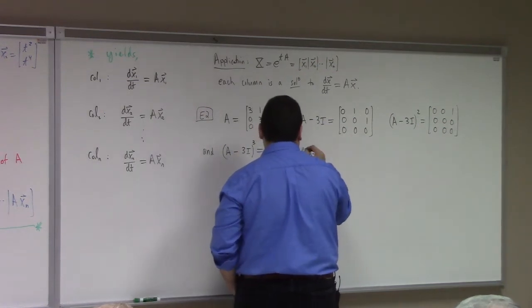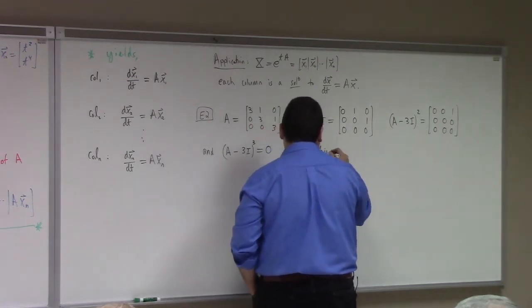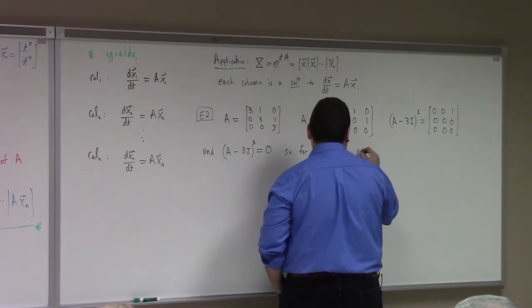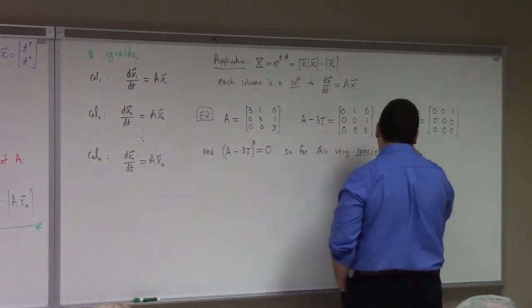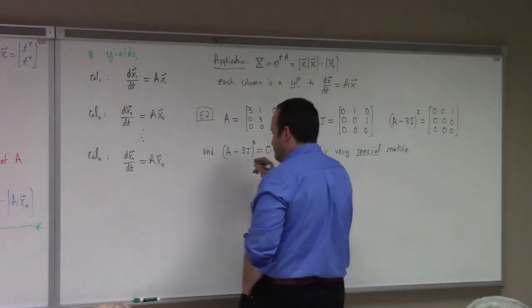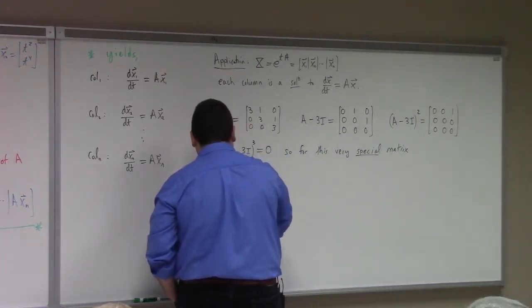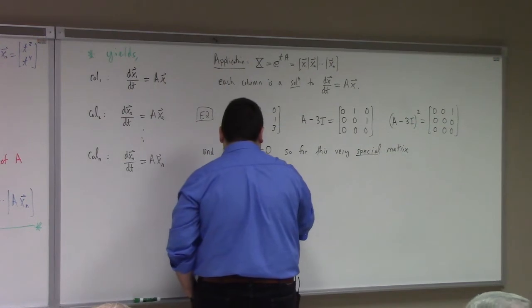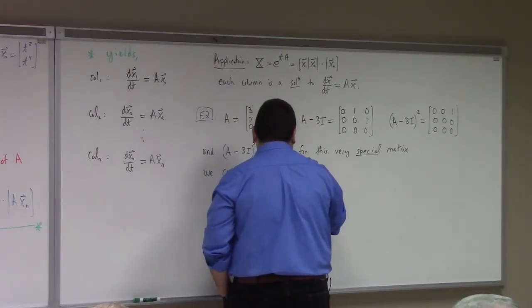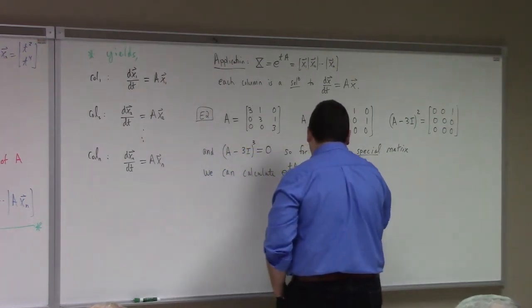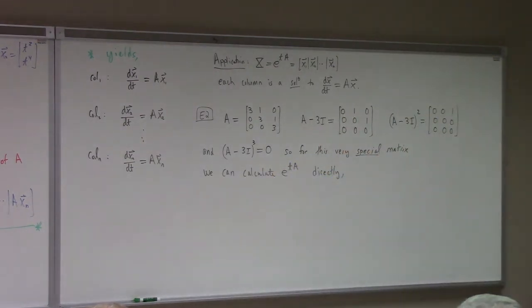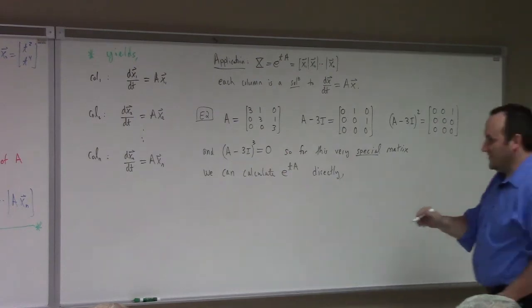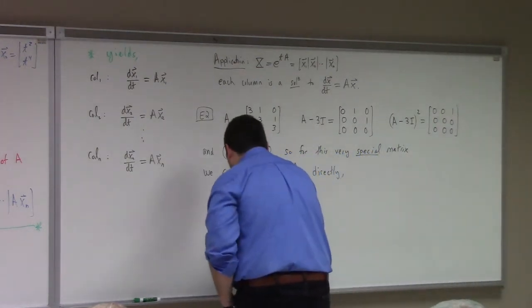So for this very special matrix, we can calculate the matrix exponential directly. Well, that's still a little bit of a lie. Let me show you, though. So you kind of have to make it appear. I have e to the tA, right?